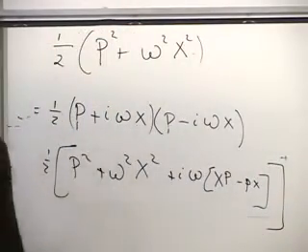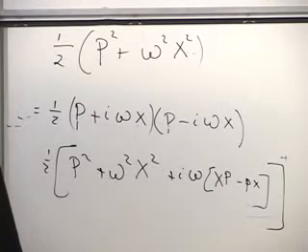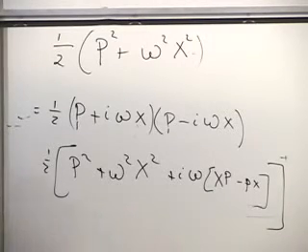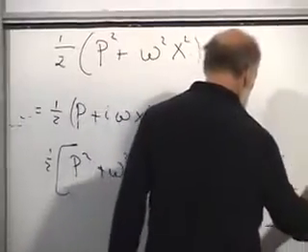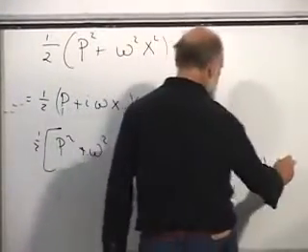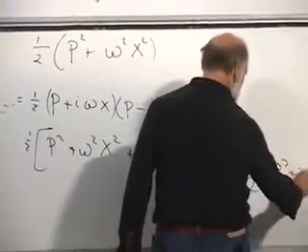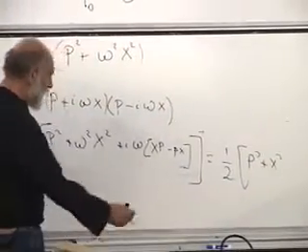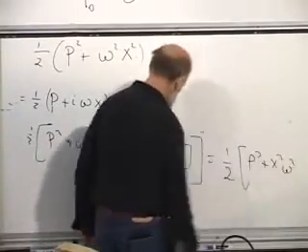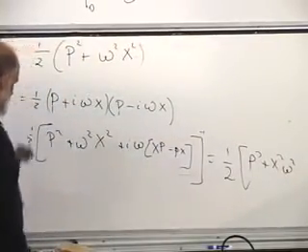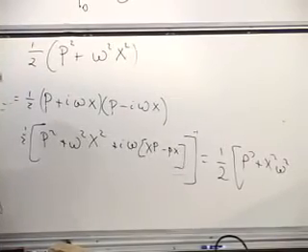What was the commutator of x and p? I h bar, right? So since we've set h bar equal to 1, we can just say that the commutator here is I. I times I here is -1, so it looks to me like this whole thing here is 1/2 p squared plus omega squared x squared minus omega, right?